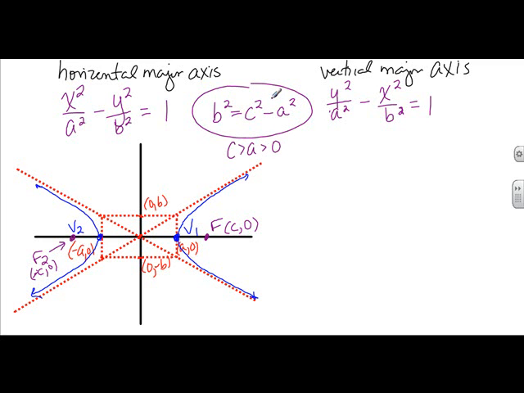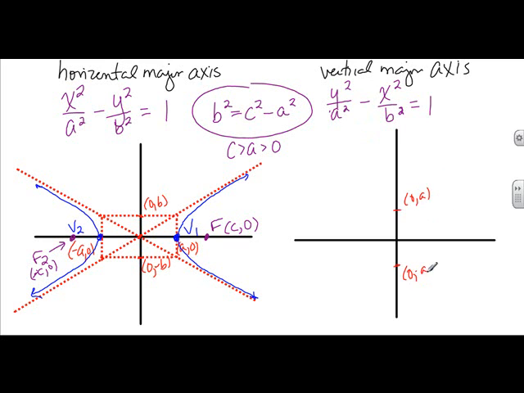If we have a hyperbola with a vertical major axis, our process is the same. We still take a look at the number that is under y. That tells us how far up and how far down to count. So we look at the point 0, a in this case, and 0, negative a. And then you look at the number that's under x, and that tells you how far to the right and to the left to count. So b, 0 and negative b, 0.